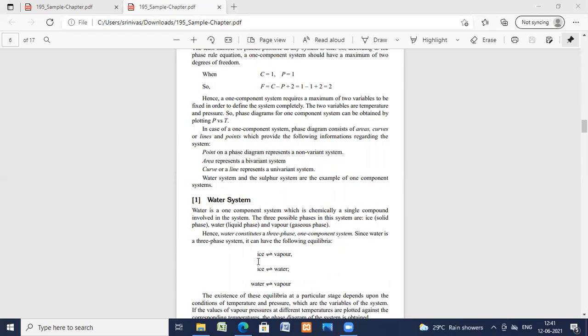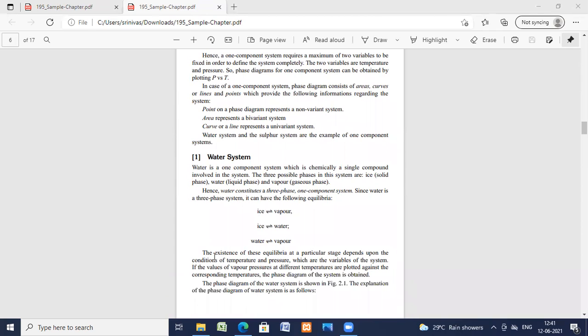It has the following equilibria: ice in equilibrium with water, ice in equilibrium with vapor, and water in equilibrium with vapor. The existence of these equilibria at a particular stage depends upon the conditions of temperature and pressure, which are the variables of the system. If the values of vapor pressure at different temperatures are plotted against the corresponding temperatures, the phase diagram of the system can be obtained.